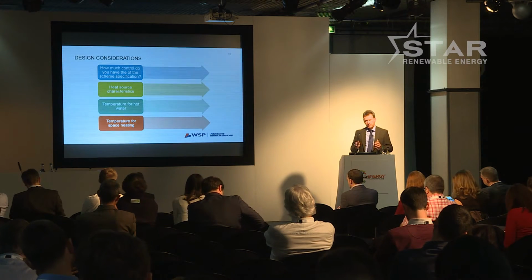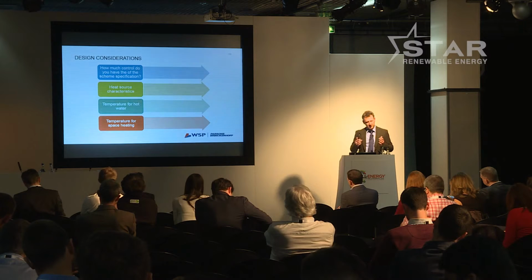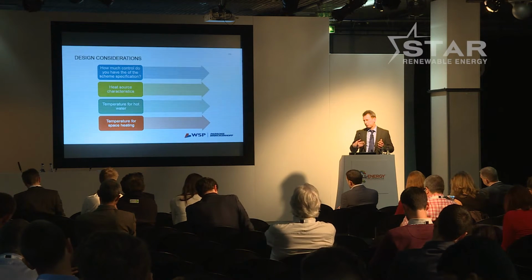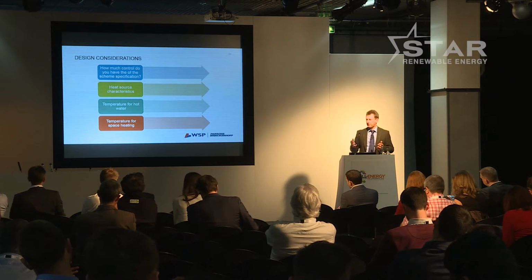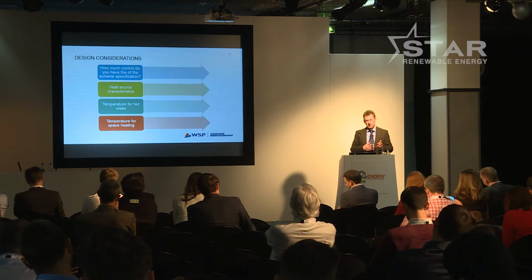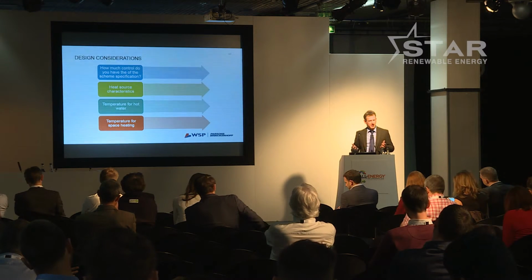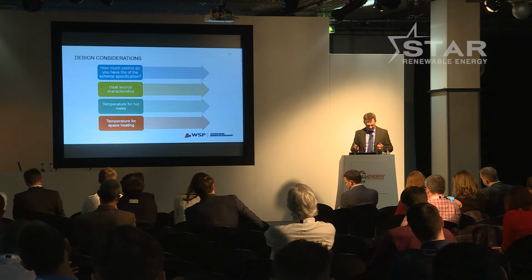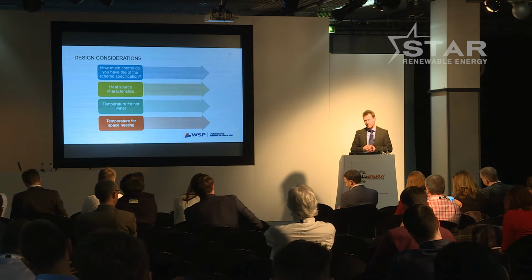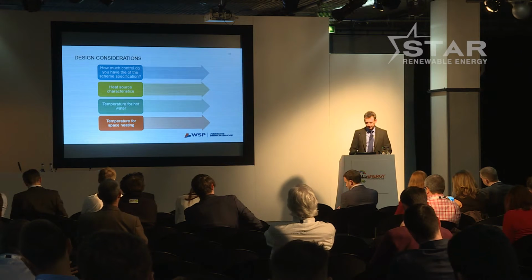It was necessary to work closely with Star to understand how a heat pump would operate, given the weather profile and the ambient temperatures, how its efficiency and capacity would vary with the variance in ambient temperatures, and model that into the design of the network.